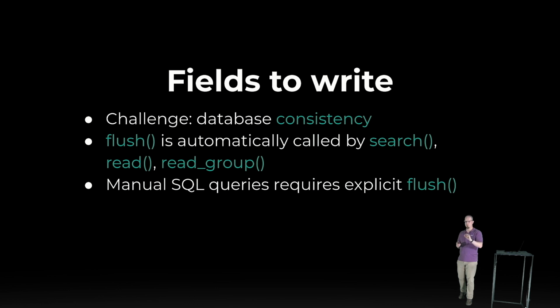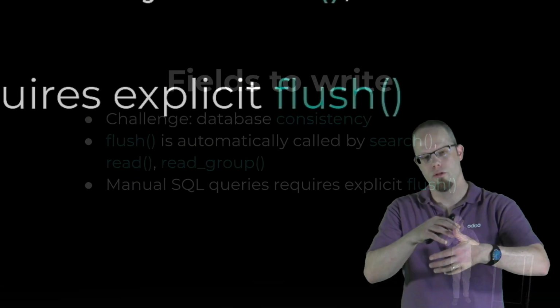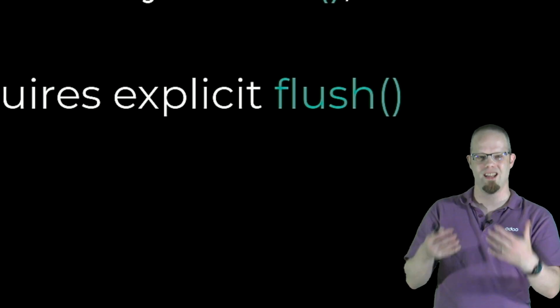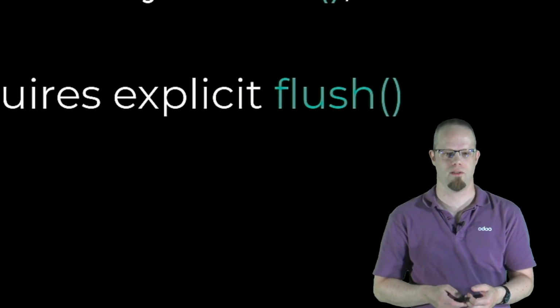The operation flush makes sure that all the updates you've kept are actually pushed to the database. It keeps the database consistent with your changes. The method flush is automatically called by methods like search, read, read_group, essentially all the methods that perform select statements on the database.